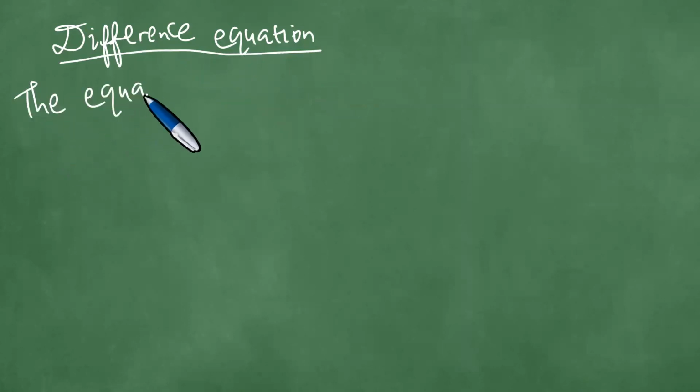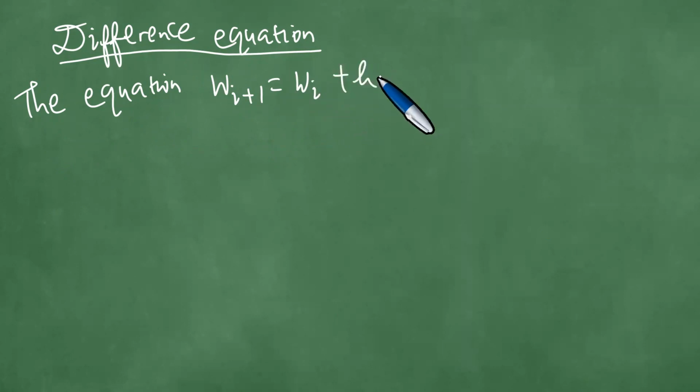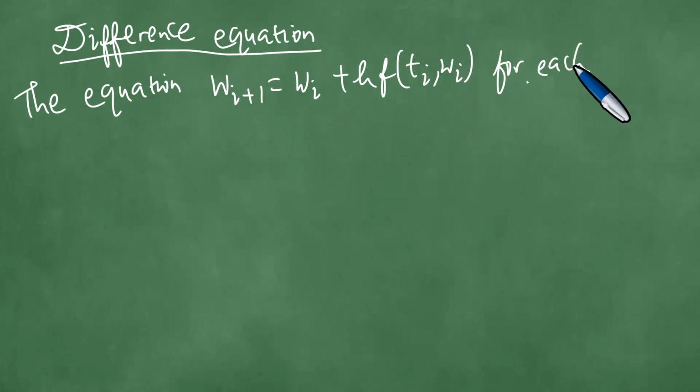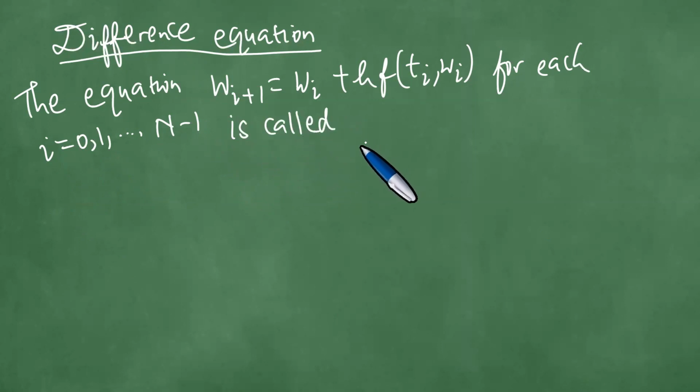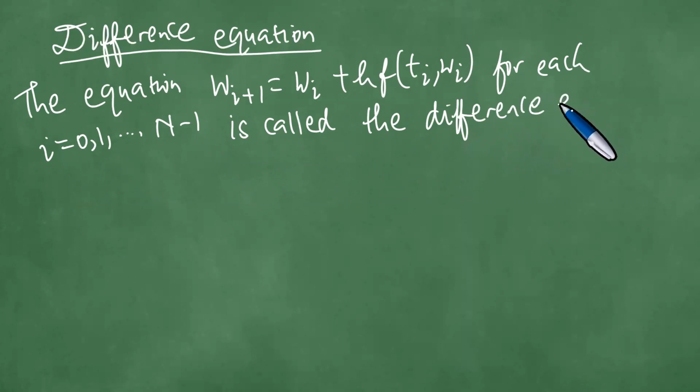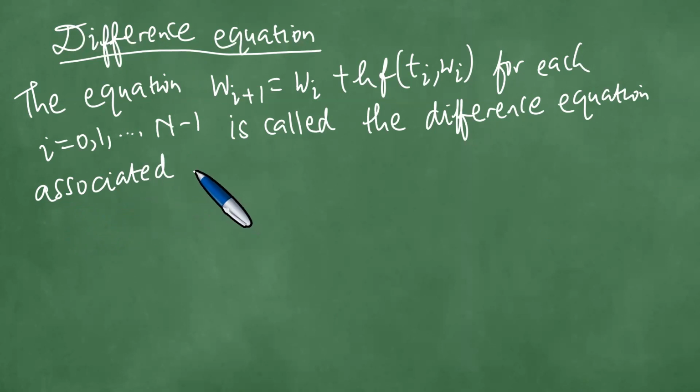We note that the equation W(i+1) equals W_i plus H f(T_i, W_i) for each i equals 0, 1, until n minus 1, this one is called the difference equation associated with Euler's method.